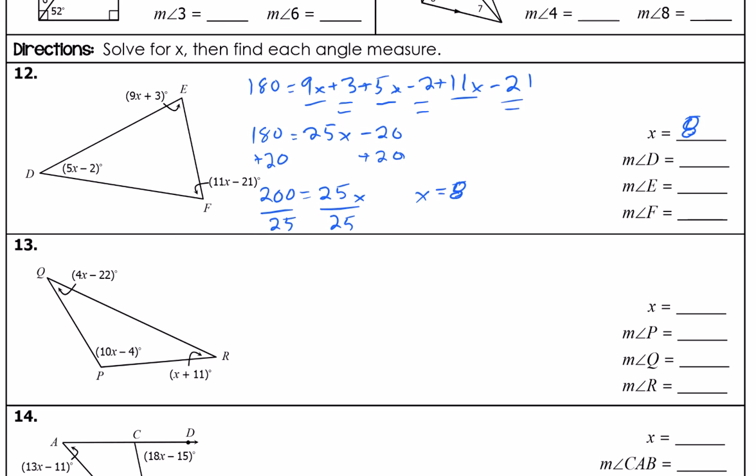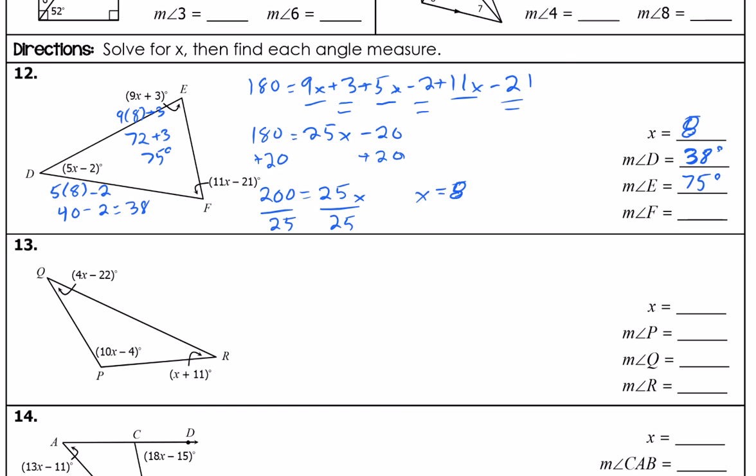Now since x equals 8, we're going to end up doing this one. 5 times 8 minus 2 gives us 40 minus 2, which is 38 degrees for a measure of angle D. Measure of angle E, it's 9 times 8 plus 3, 72 plus 3, which is 75 degrees.